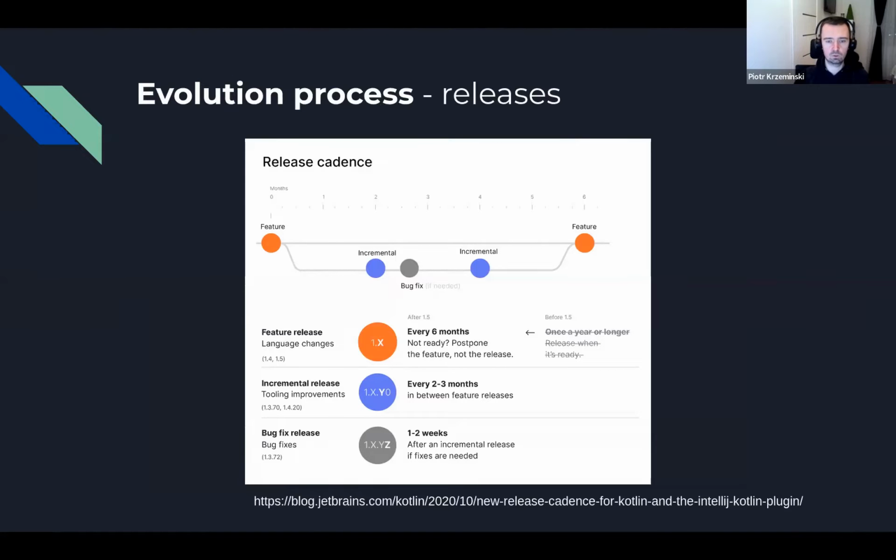Recently, Kotlin switched to this scheme where Kotlin is still versioned with 1 dot version, and then this feature release comes after the dot. So now we have version 1.6.10. It means that the recent feature release has number 6, and then the incremental release is already the second one in this feature release.